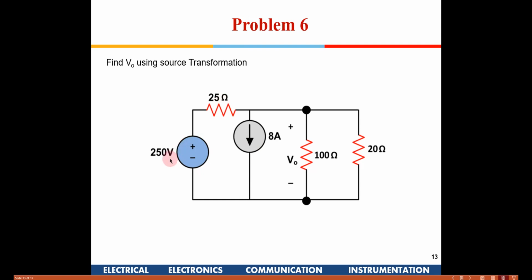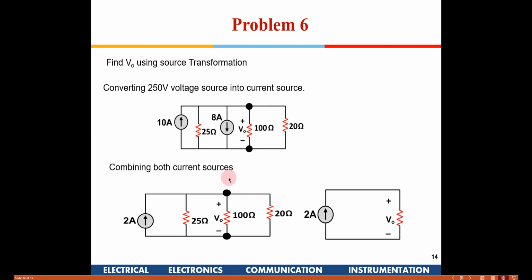So the current will be 250 divided by 25, which is 10 amps in parallel with 25 ohms. This 8 amps, and the 100 and 20 you already have. So you have 10 amps going towards the top and 8 amps coming down, so the effective current is 2 amps going up.